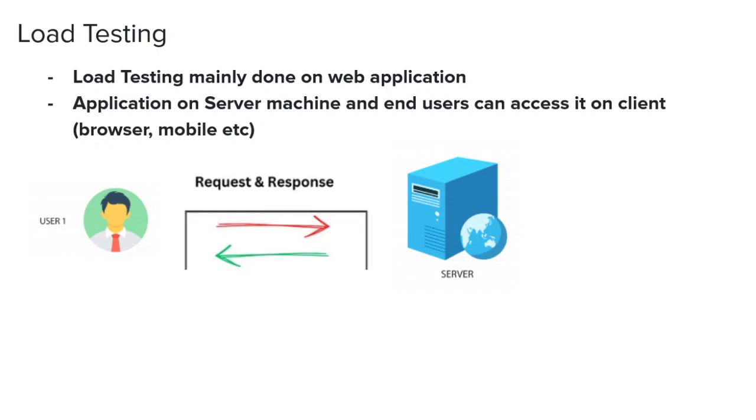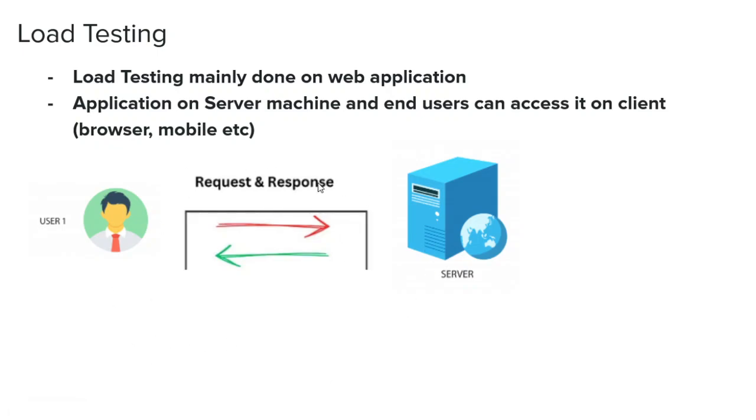So what is client and server architecture? On such web applications, the application will be installed on a server machine. The end user will access that application via the network. They will use the browser, and via the browser they will send a request to the server machine, and the server will send a response to that user.